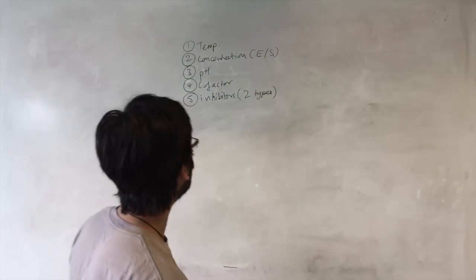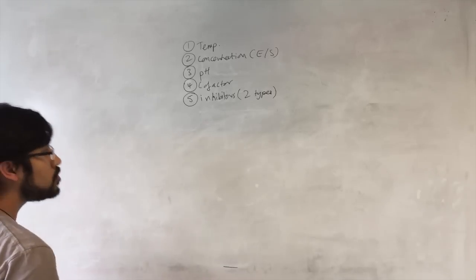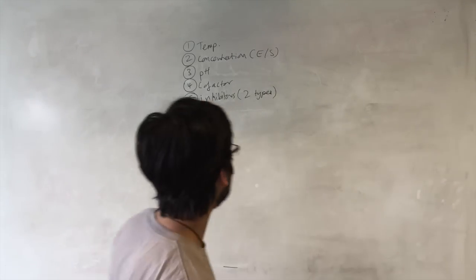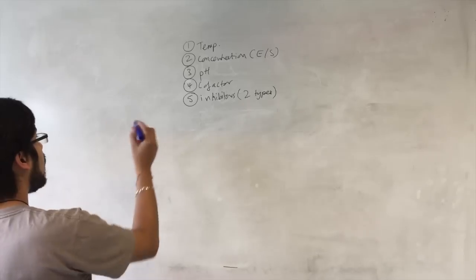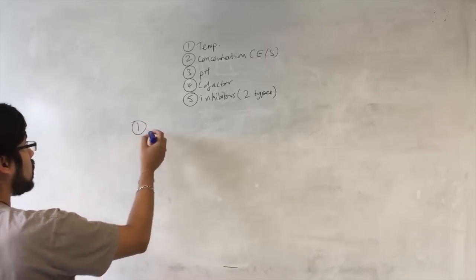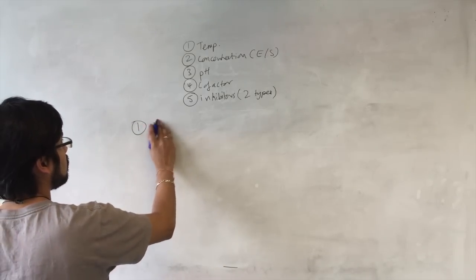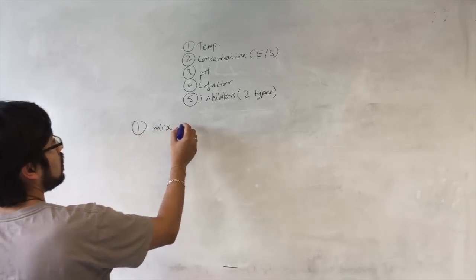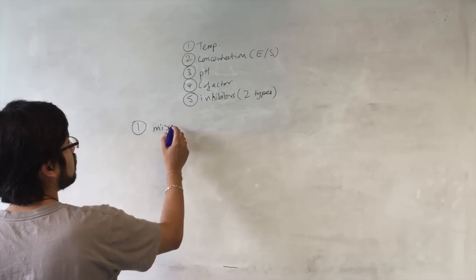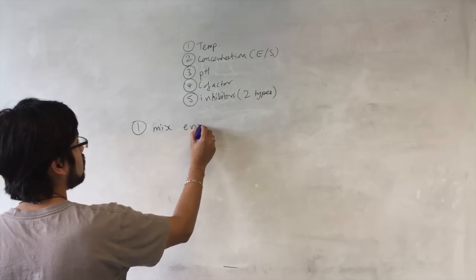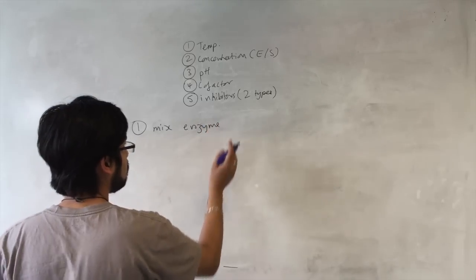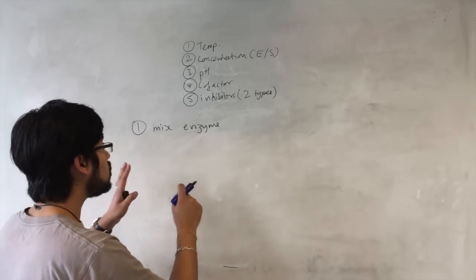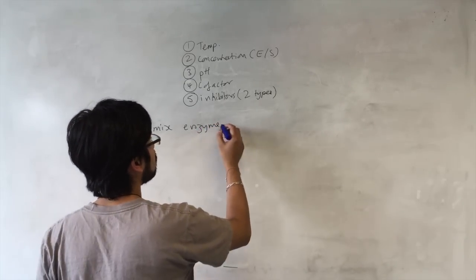Okay, so here we go then. How do we do an experiment? Basic things. In each case, you will have to ultimately mix enzyme and substrate. Unless you're looking at the effect of enzyme concentration, usually you'll always have enzyme concentration constant.